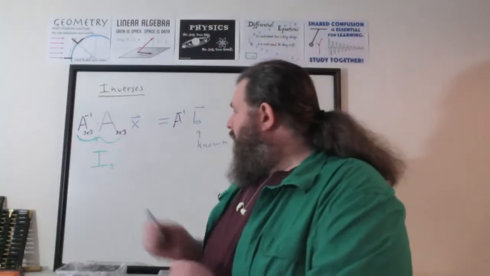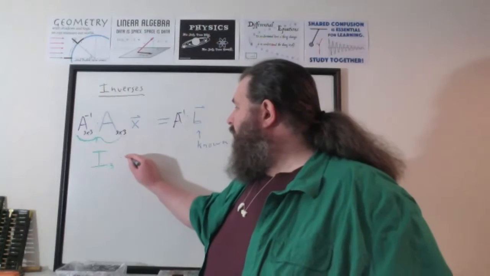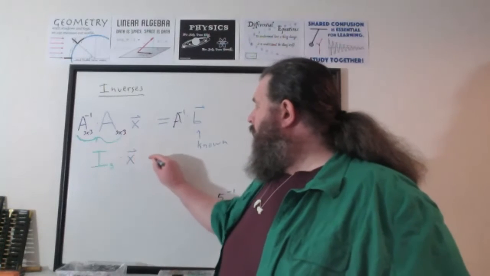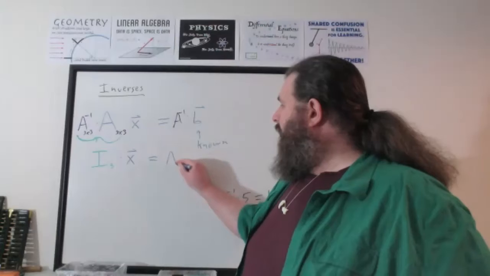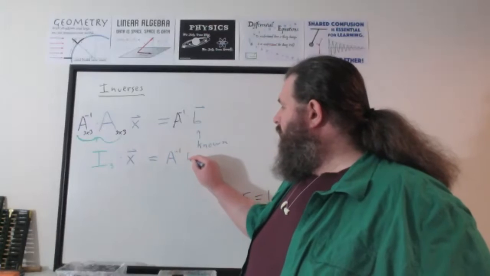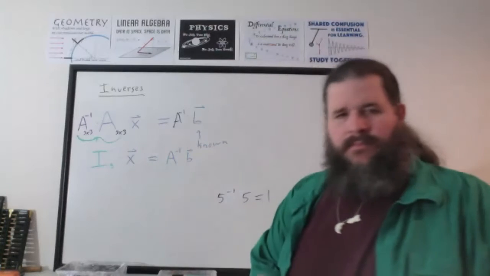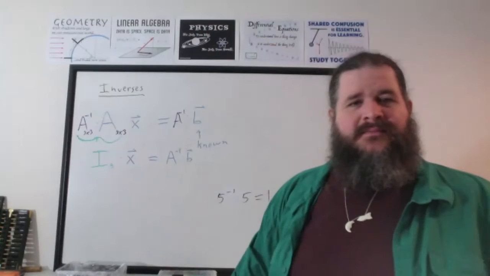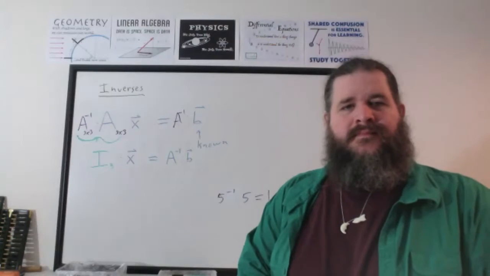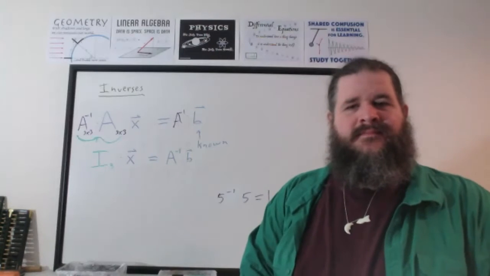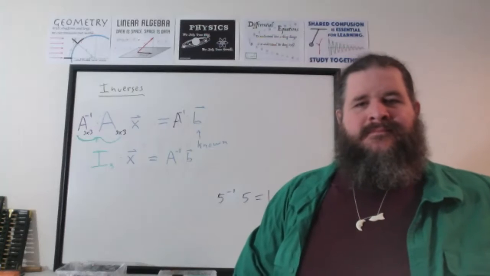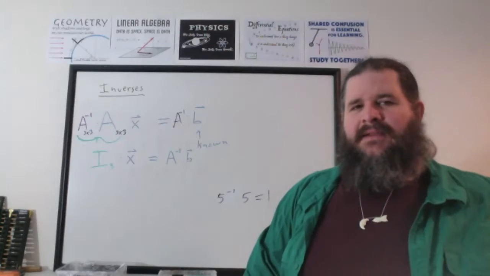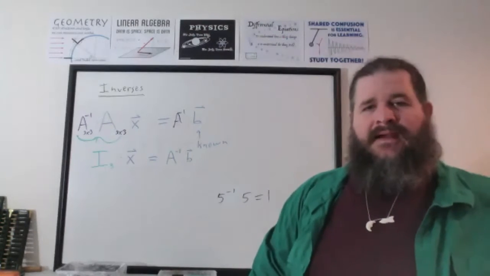That's still multiplied by this number x, or this vector x. And then on the other side, we've got A inverse, whatever that happens to be, times vector b. But what's the identity matrix times vector x? What happens to any matrix or vector if you just multiply by an identity matrix?